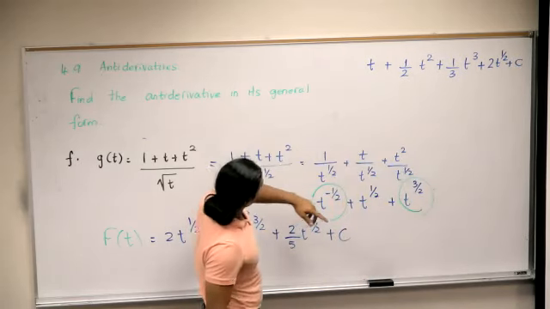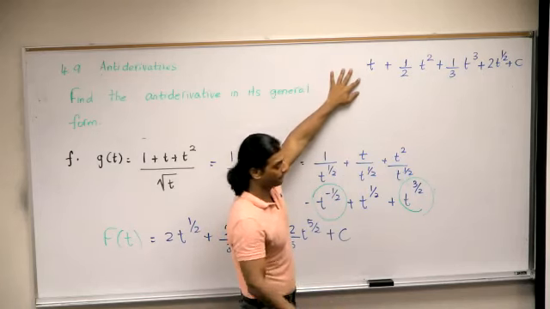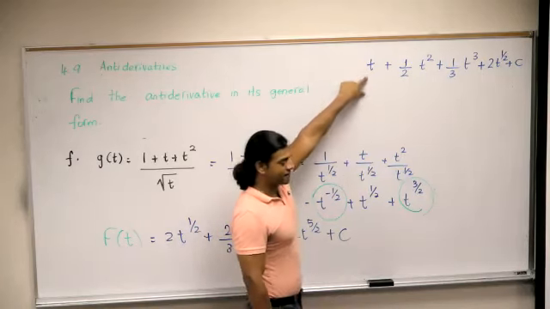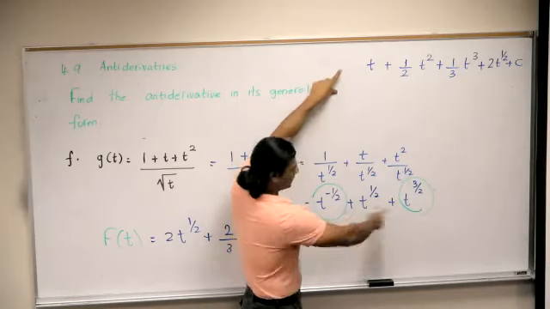Let's see. I could start here and just stop. It would be equal to 1. Derivative of t is 1, right? Is there a 1?